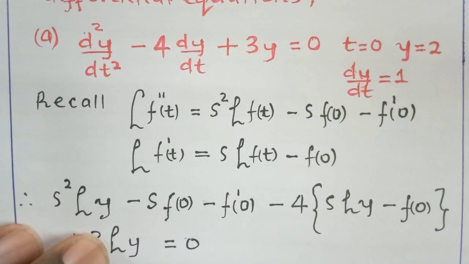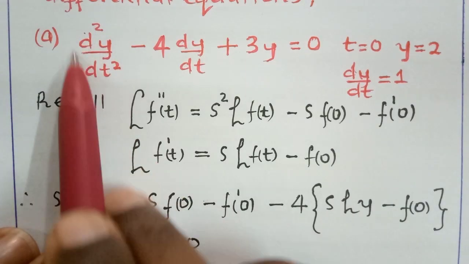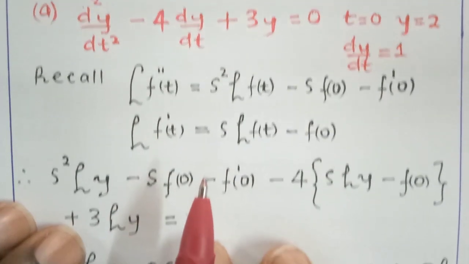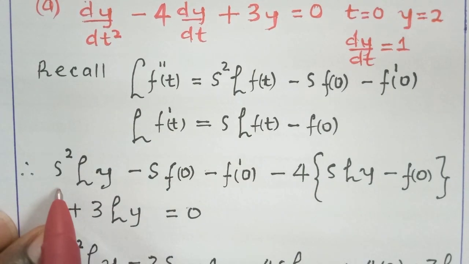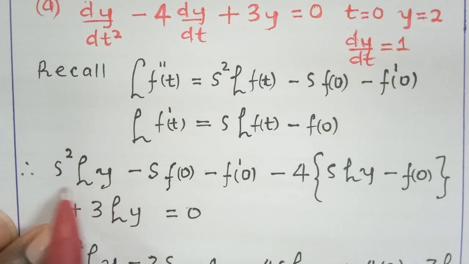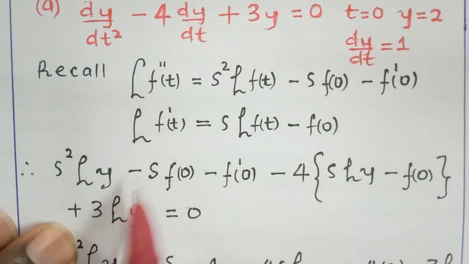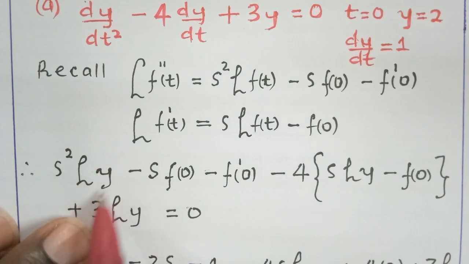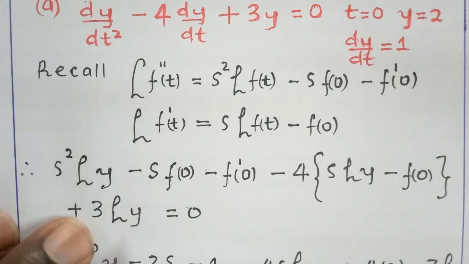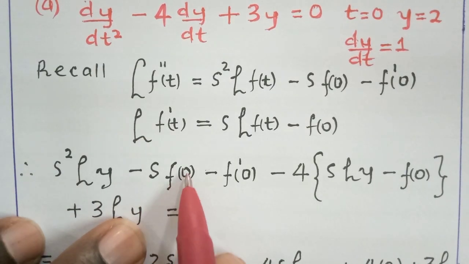We do that by writing that equation right here. This is the equation we are writing, similar to what we are writing here. We write s squared Laplace transform of y, that is function of t, which is y for us, minus f of t when t is equal to 0.